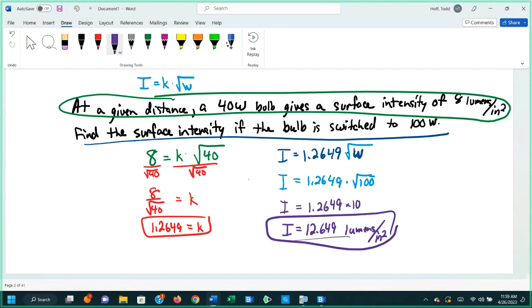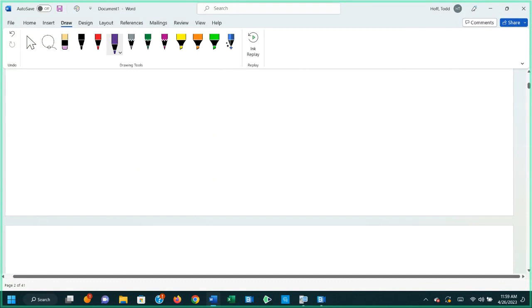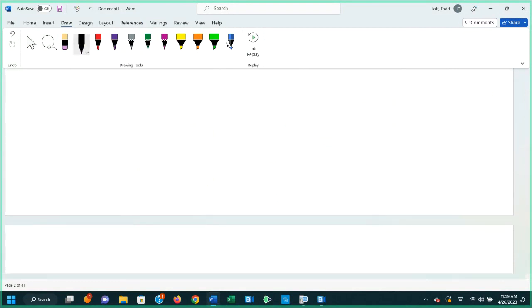So we went from 8 lumens to 12.649 lumens. More than doubling the wattage of the bulb only increased the light intensity at the surface by about half, by 50%. Well, let's switch over then to inverse variation.